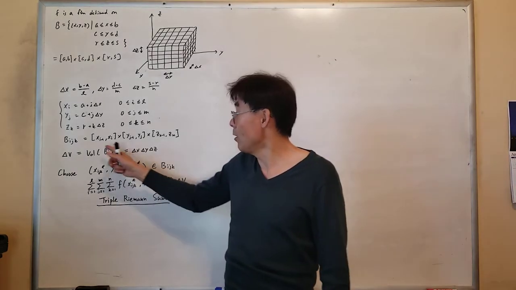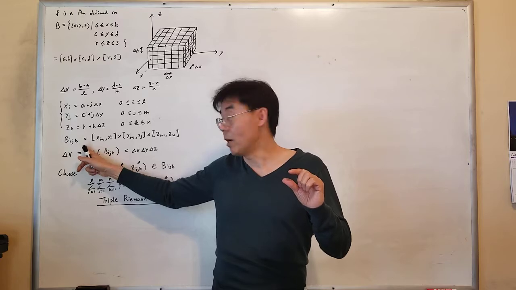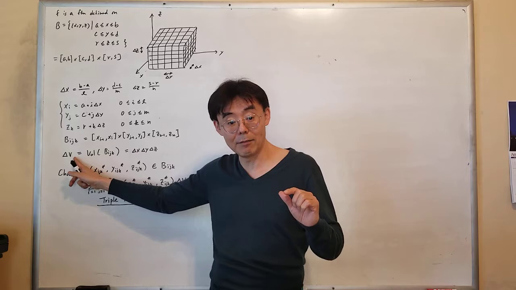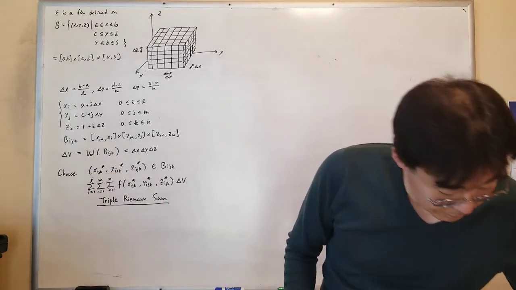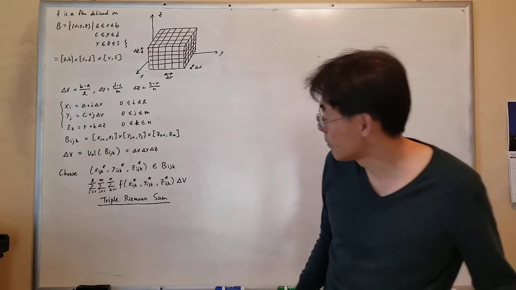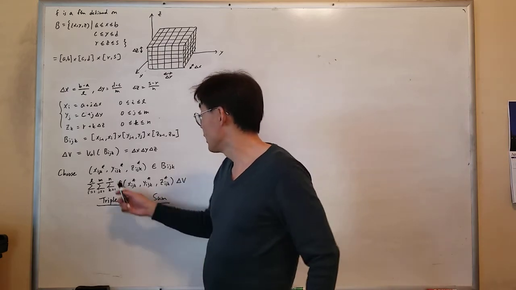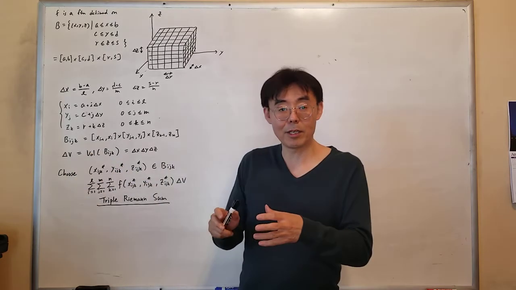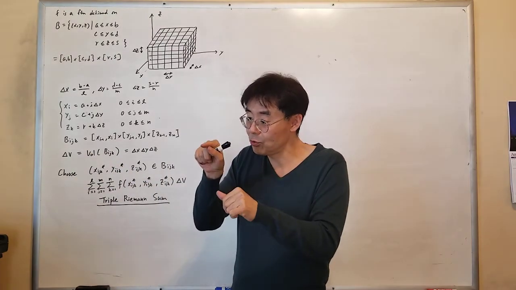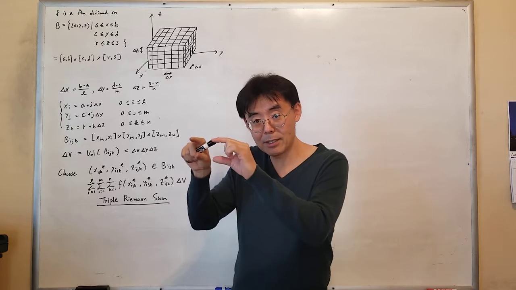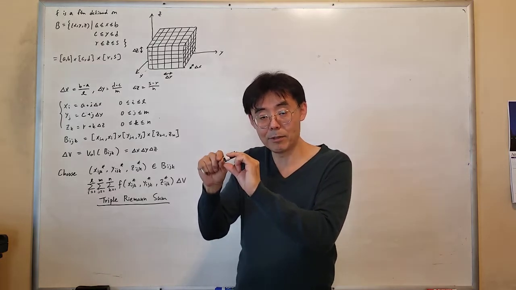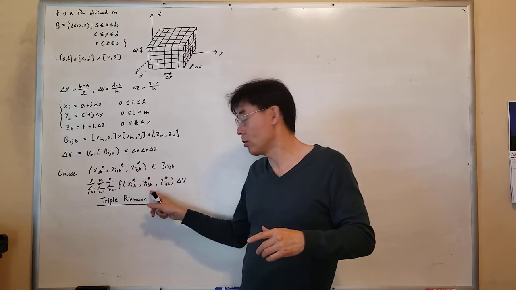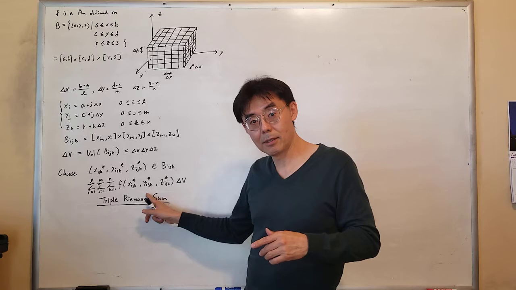Then the volume of each sub-rectangular box will be delta x times delta y times delta z. We call it delta V. And then you choose any sample point in each ijk small rectangular box, anywhere you like inside, and you evaluate your function at that sample point.